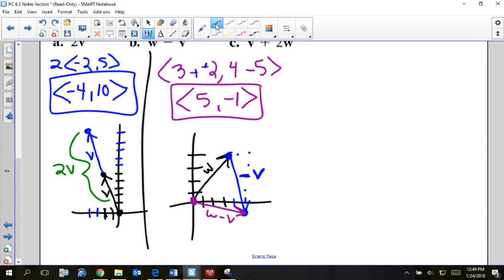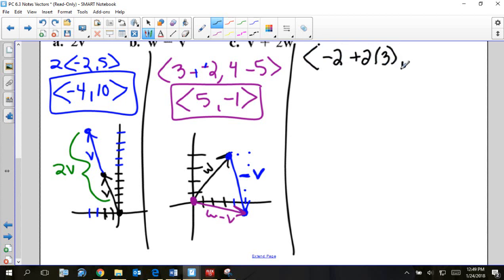Okay, C, V plus 2W. So I'm going to start with V, -2, and I'm going to add on 2 times the X part of the W. And I'm purposely going to write out all this work so that you can see the visual with it. Just if you are somebody who doesn't like to show all the steps, I'm doing it on purpose.